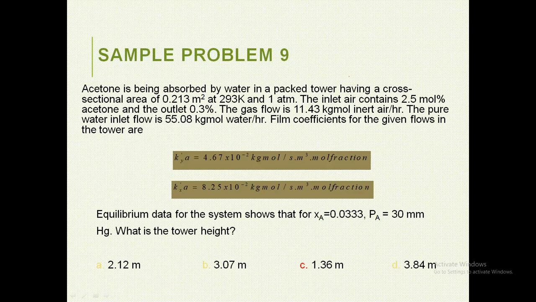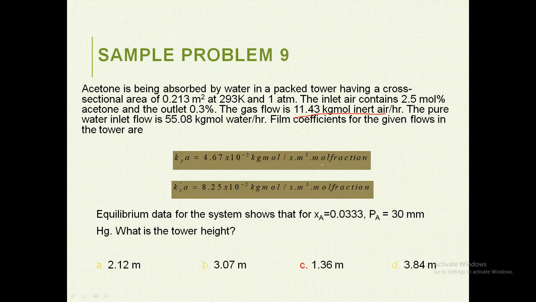So take note that this is 11.43 inert air, meaning the gas flow that is indicated here is not the total gas flow. This is just based on the air present. Your solvent, on the other hand, is pure water, and the value is 55.08 kilogram mole water per hour.